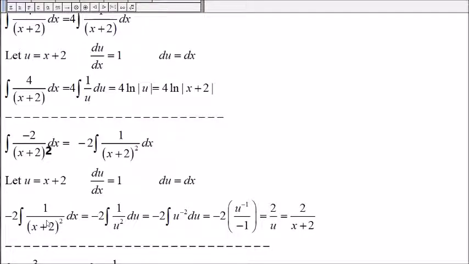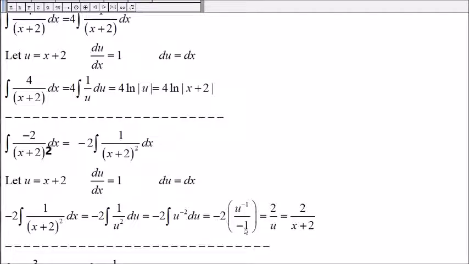And so the integral now becomes 1 over u squared. So this is u. 1 over u squared is the same as u to the negative 2. Antiderivative of u to the negative 2, add 1 to the exponent, so negative 2 plus 1 is negative 1, and then divided by negative 1.